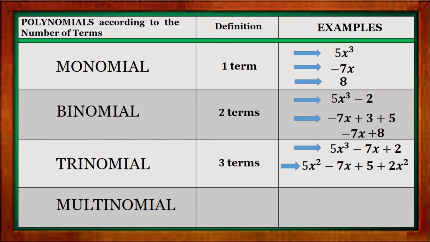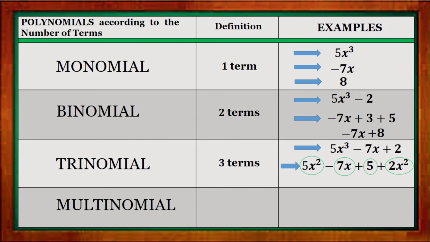So katulad nung case kanina sa binomial, itong second example natin sa trinomial, pwede rin nating agad maisip na ito ay hindi trinomial because it is composed of 4 terms. We have 5x squared, we have negative 7x, we have 5, and we have 2x squared.